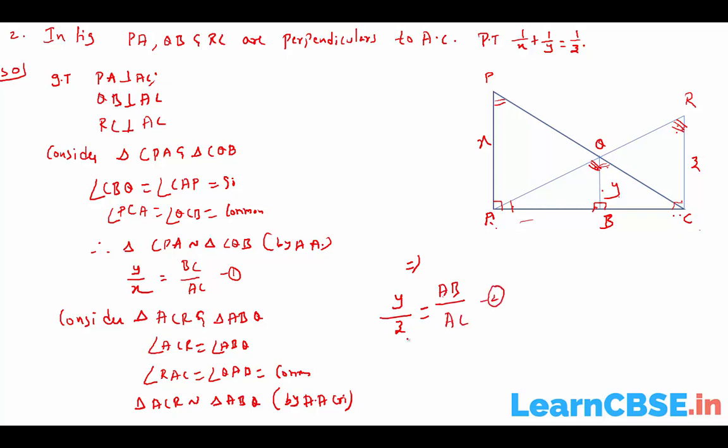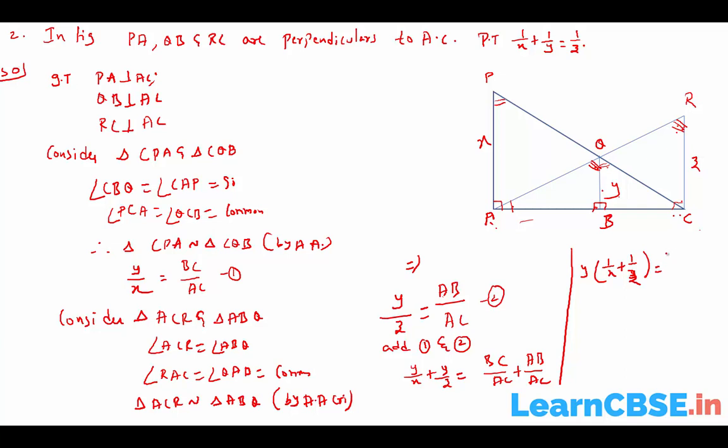Equation 2. Add 1 and 2. You'll get y by x plus y by z equals BC by AC plus AB by AC. Then take y common: y into 1 by x plus 1 by z equals, AC common here, I can add BC plus AB.